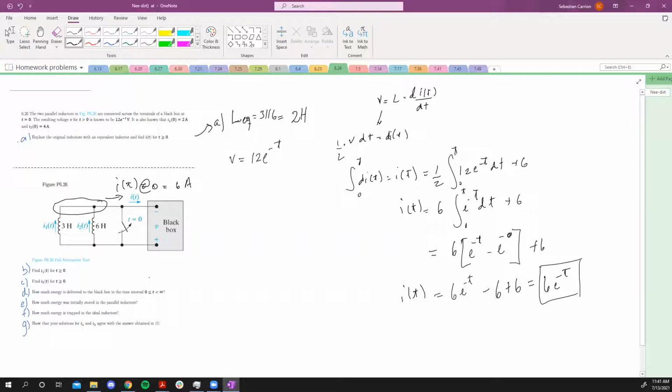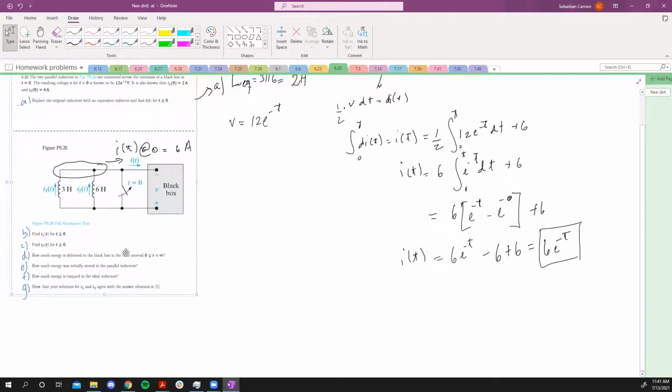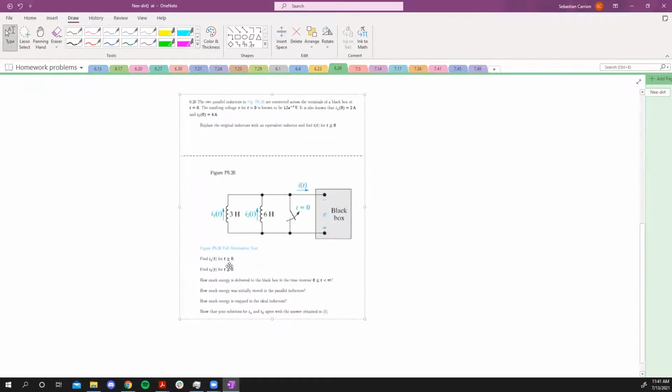All right. So to find I1(t) for t greater than or equal to 0, I'm going to move this down here.